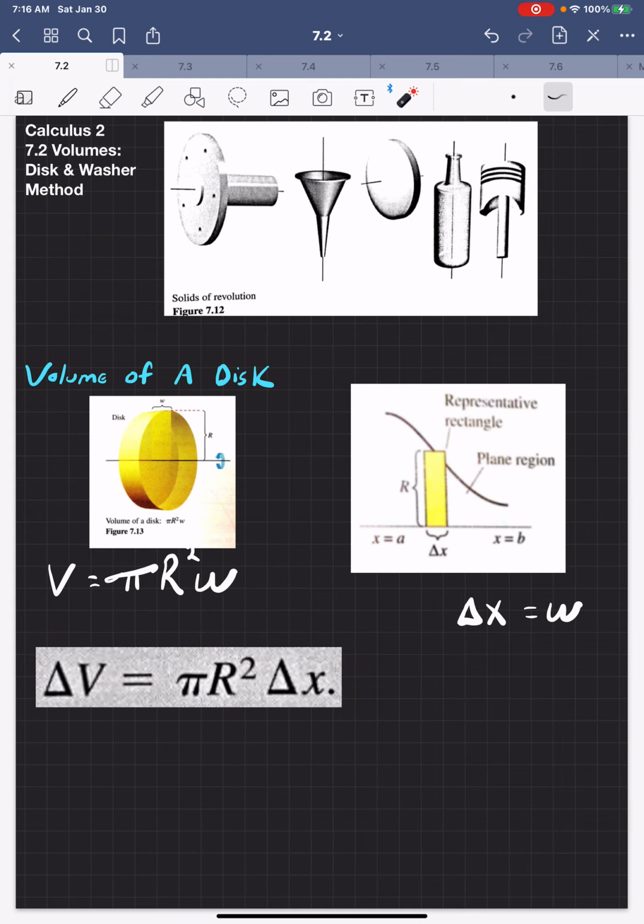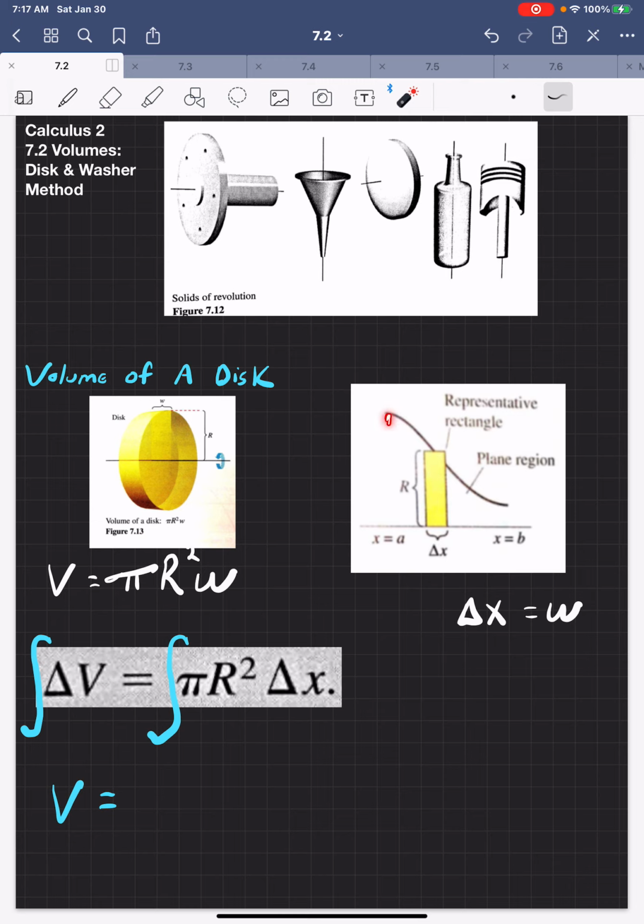All right, and now how do we get from here to calculus? Well, look, if I integrate both sides of this equation, I would actually arrive at the total volume.